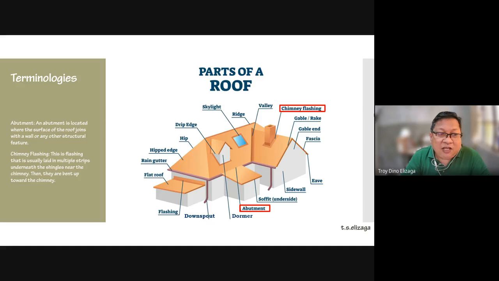So this is flashing that is usually laid in multiple strips underneath the shingles near the chimney, then bent up towards the chimney. A flashing is actually just a covering, although we will talk about flashing later on. It's a covering for the gaps between two joints, so that there won't be any leak.